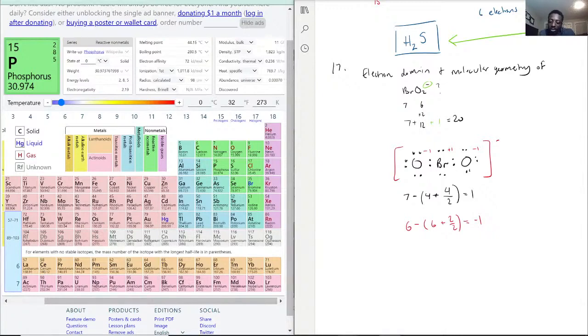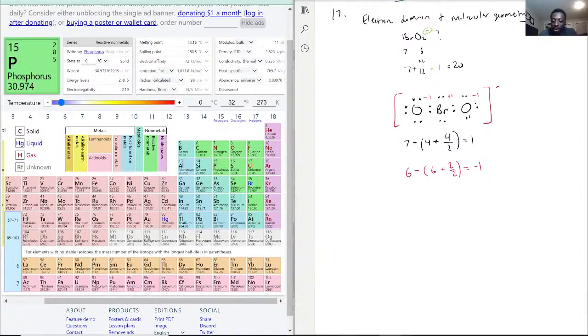Now that we figured it out, let's draw its shape. You have the bromine and its 2 lone pairs, and you now have the oxygens with their full shells. This right here is what you call a bent geometry.